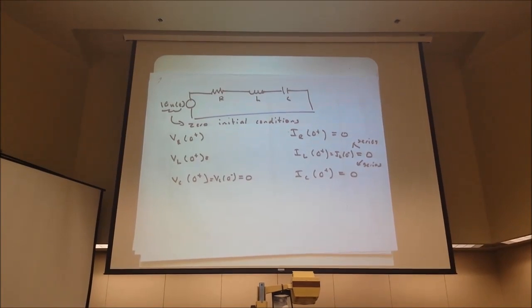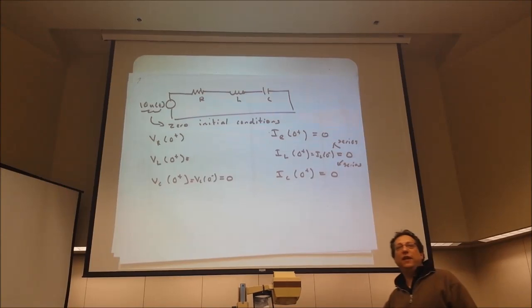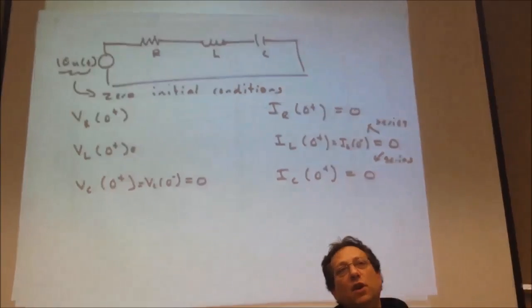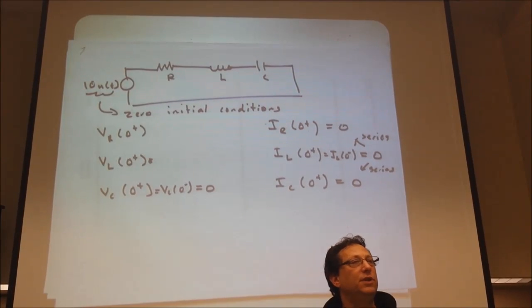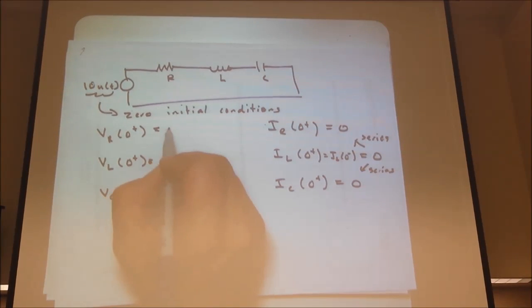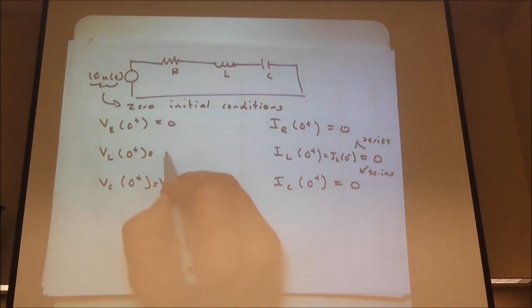Well, given that, what can we say about VR 0 plus and VL 0 plus? Well, if the current is 0, what's the voltage across the resistor? 0. And so, what does that mean about the voltage across the inductor? 10. It's 10.